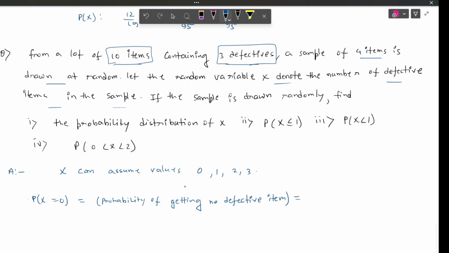So if you have not drawn any defective items, that means you have drawn 4 items from 7 good items, right? Because out of 10 items, 3 are defective, that means 7 are good. So it would be 7C4 by 10C4. If you calculate this value, it will be 1 by 6.